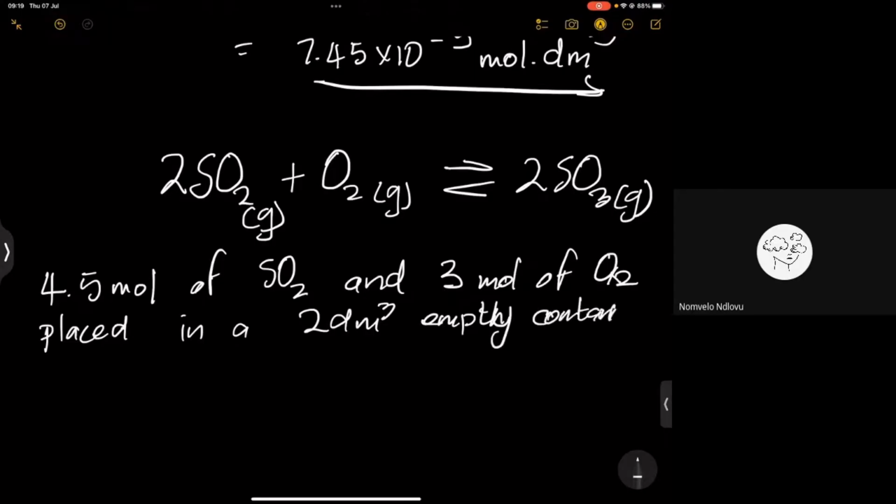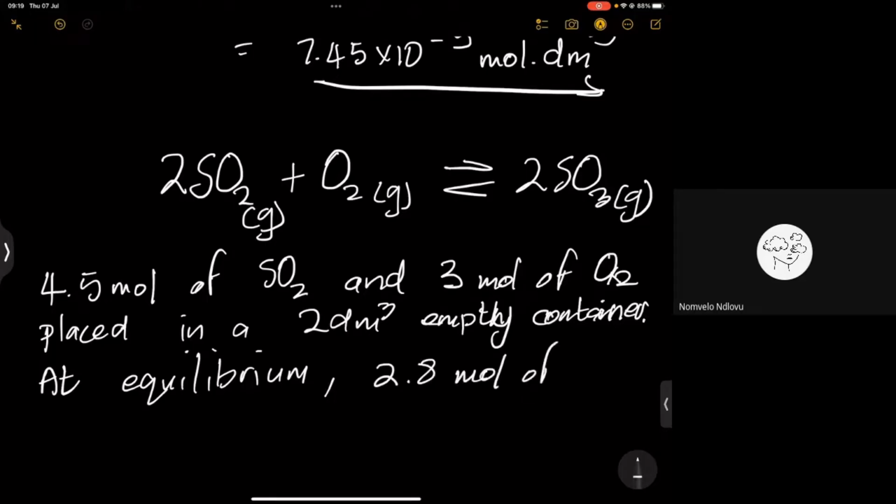Right, now, what they can say, right, at equilibrium, we discover that, just for argument's sake, let's say 2.8 moles of SO3 are formed, or are present.